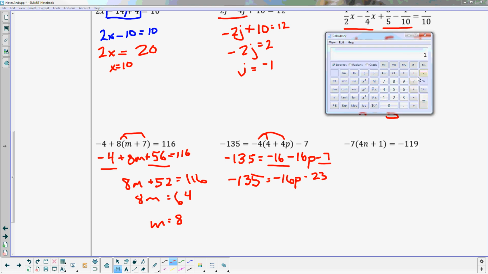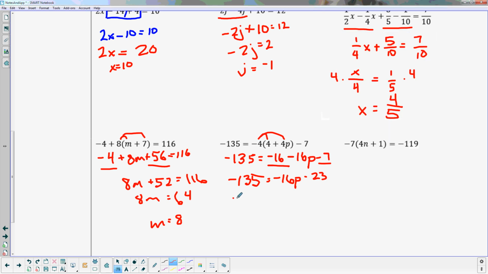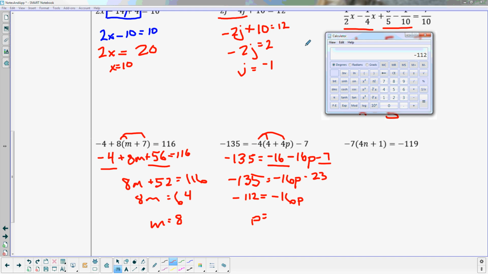So I'm going to take my negative 135 and I'm going to add 23. And I get negative 112 equals negative 16p. And that means that p equals, I'm actually not sure.